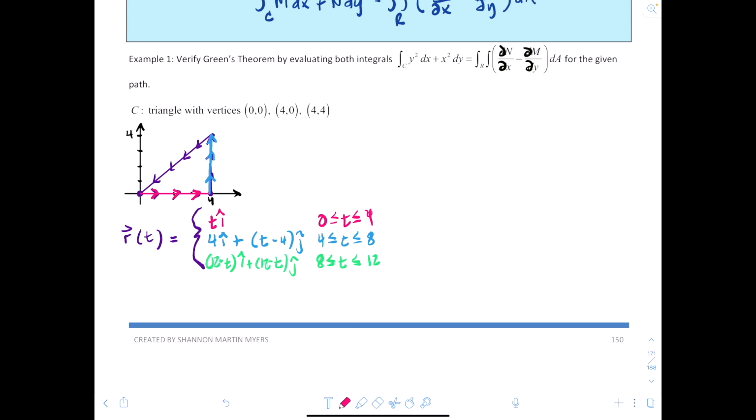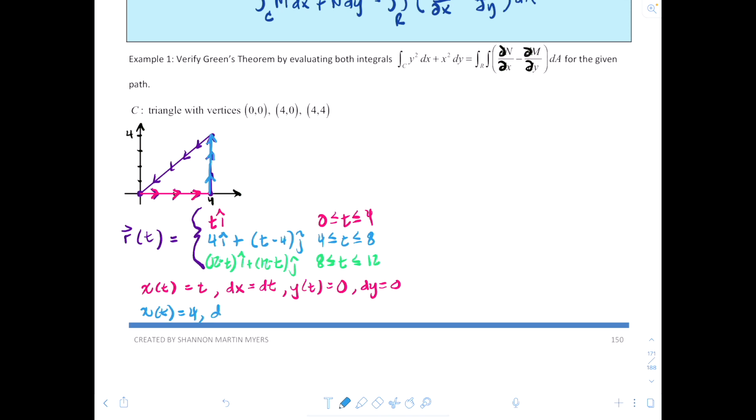So for our first piece, we have x of t equal to t, and so dx will equal dt. There is no y of t because it was 0, right? It was that line y is 0, and so dy will be equal to d0, so 0. On the interval from 4 to 8 for t, we've got x of t is 4.